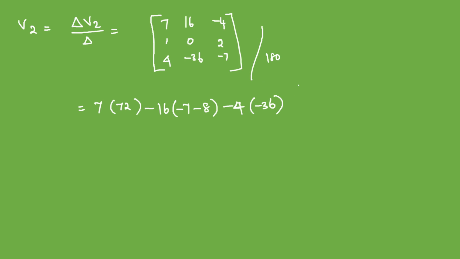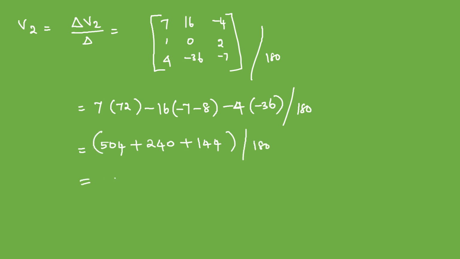So this is equal to 504. Then this is 15, minus 15 into minus 16. So it is plus 240. Then this is minus plus 4 into 36. It is 144. Okay, the whole value divided by 180.